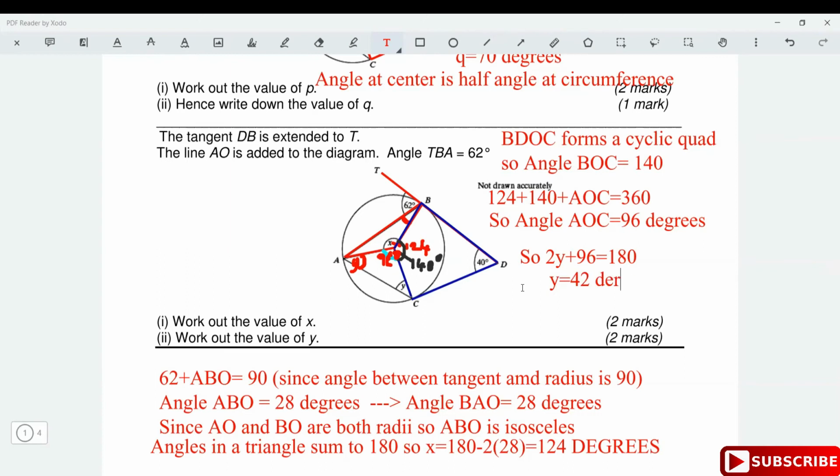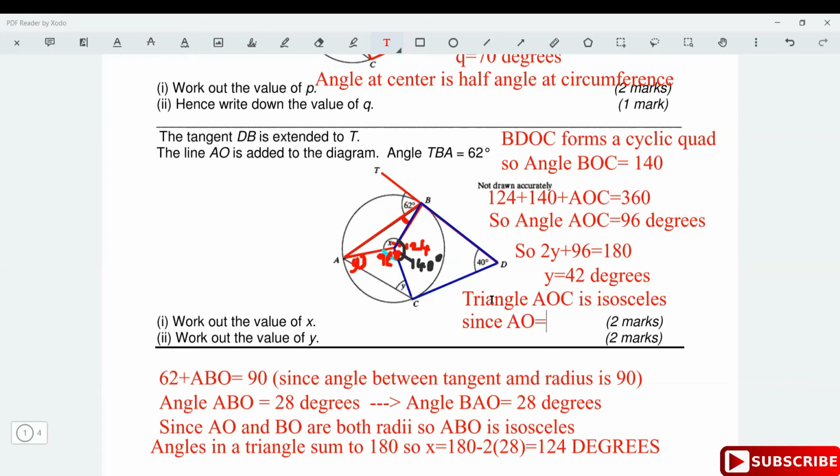If you want to put the reasons again, you have to tell them triangle AOC is isosceles, since AO is equal to OC because they're both radii. So that was the reason. And then you can tell them angles in a triangle sum to 180. Nice.